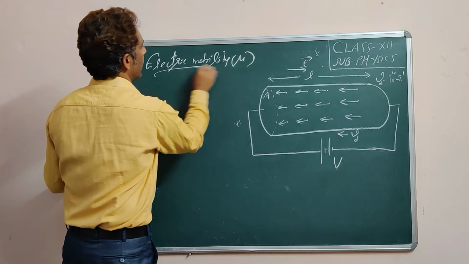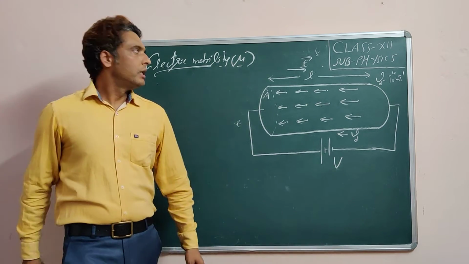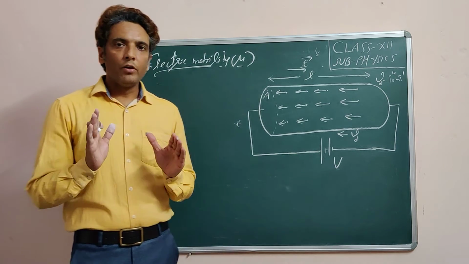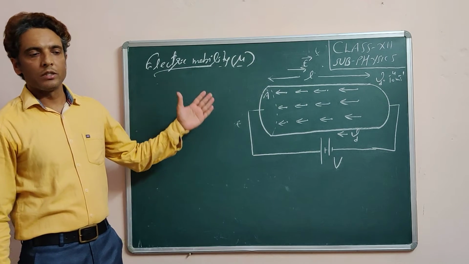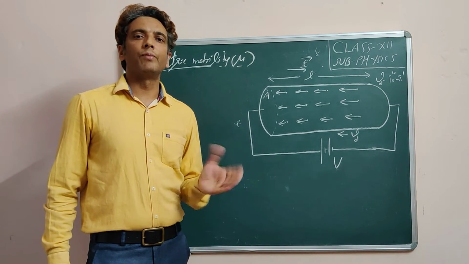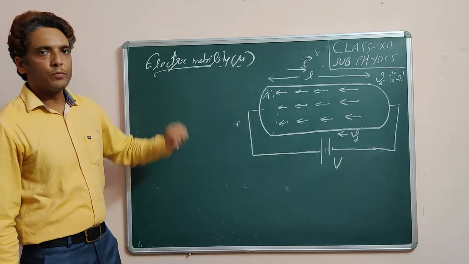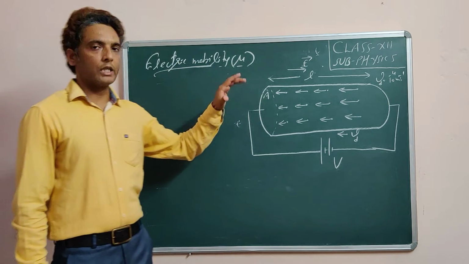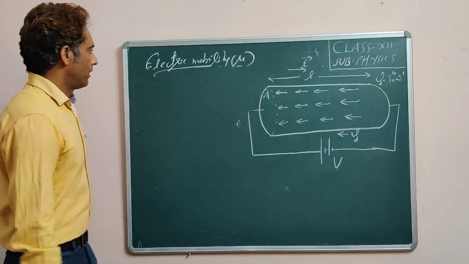It is denoted by the symbol mu. This electric mobility is the measure of the ability of the charges, or the ability of the current carriers, to move in a certain medium in the presence of an electric field. Or we can say that it is the measure of the speed with which electrons can move in a conductor under the effect of an electric field.